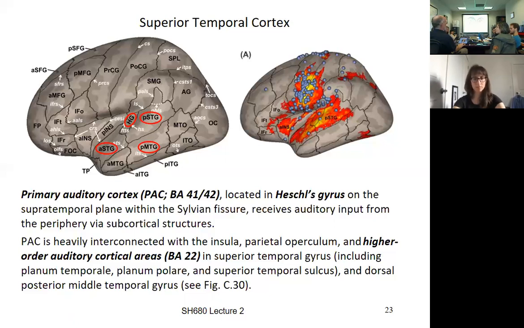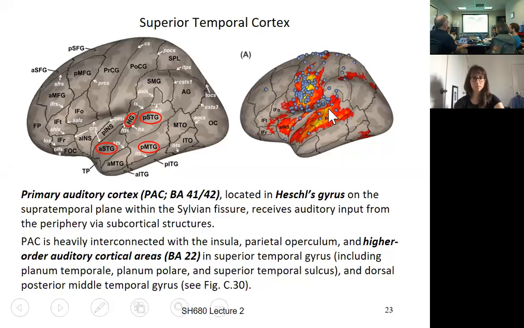Yeah, and the gyrus doesn't really care if it's a discrimination versus an identification task, for example. So the difference there is, if I give you two sounds, are they the same or different? That's a discrimination task that requires very low level auditory processing. If I give you some phonemes like pa, ba, and you're supposed to say whether it's P or B, you're supposed to identify the phonemes, that is an identification task.